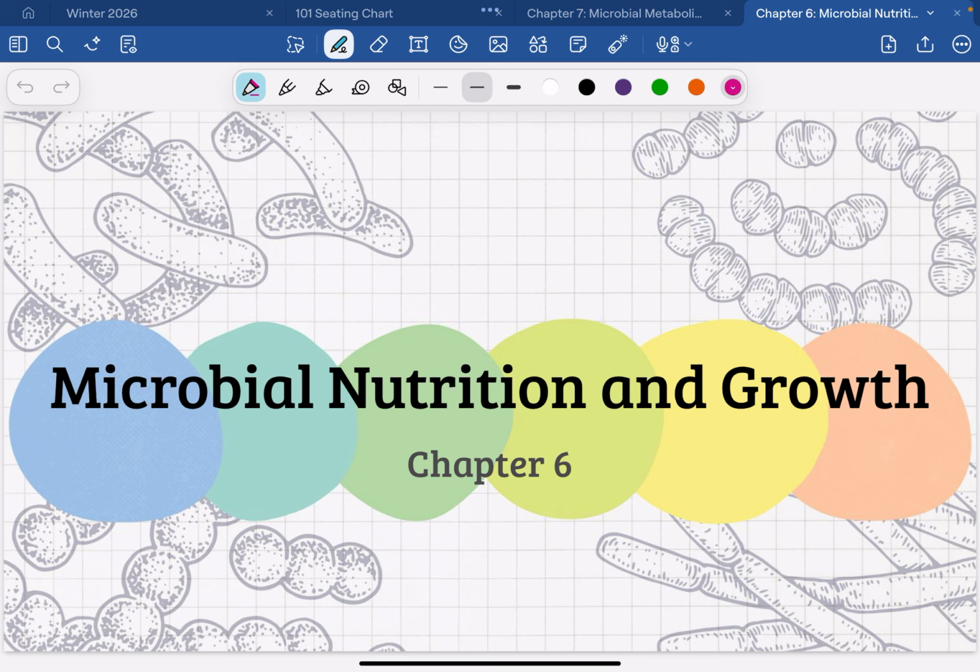So module 2, we're talking about how bacteria grow, what food they eat, what temperatures they need, what types of environments they like. And then in module 3, we're going to take that same information and we're going to say, okay, how do we as humans take advantage of that to kill microbes and to kill bacteria and to prevent them from making us sick?